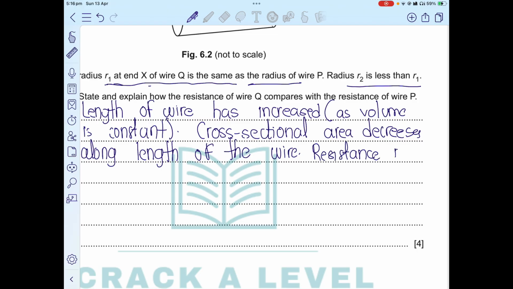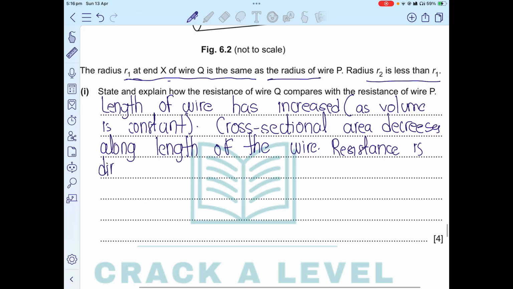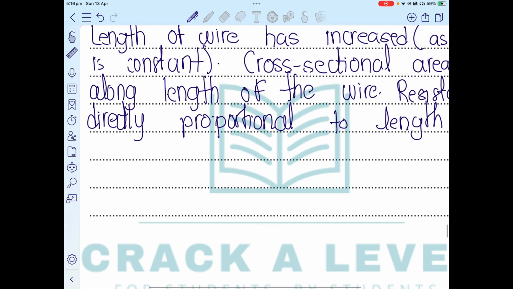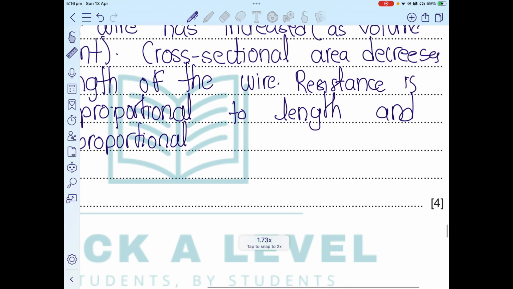We know that resistance is directly proportional to the length and inversely proportional to the cross-sectional area.